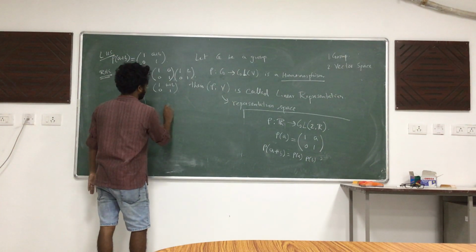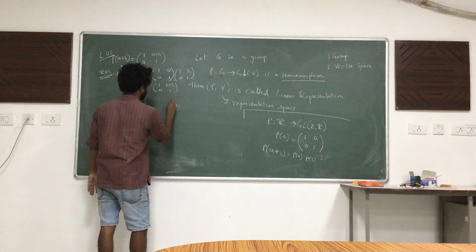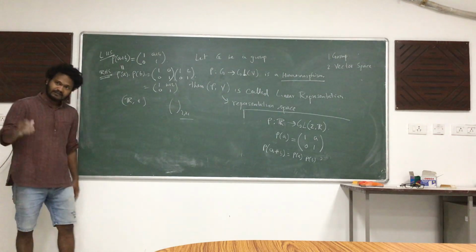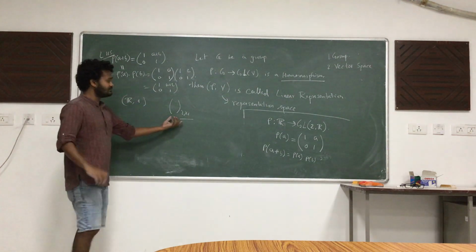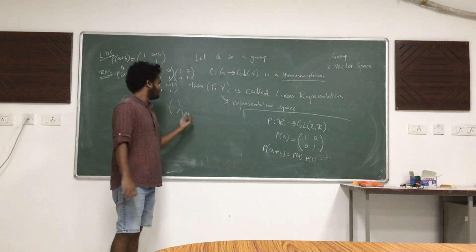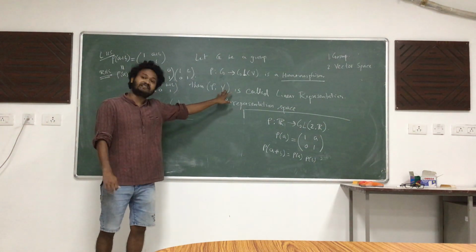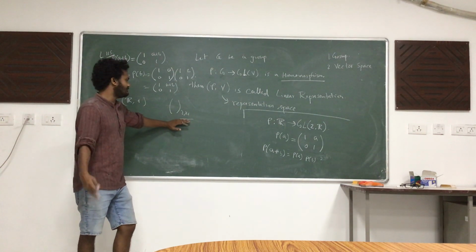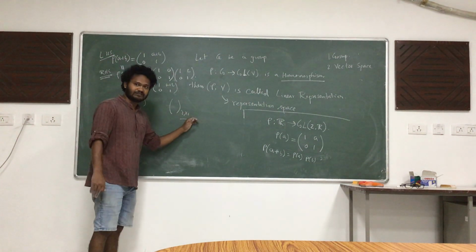All the 2 by 1 column vectors. This is the representation space. What is the dimension of the representation? The dimension of a representation is the dimension of the vector space. So this is a two-dimensional representation.